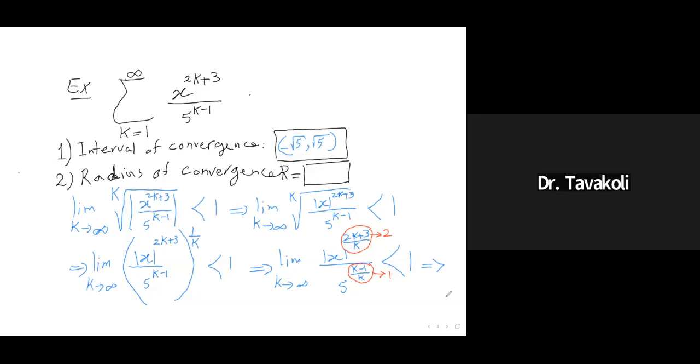And what is the radius of convergence? The radius of convergence R is going to be radical 5, because the center of that interval is 0 and the distance from 0 to the two endpoints, either minus radical 5 or positive radical 5, is equal to radical 5.